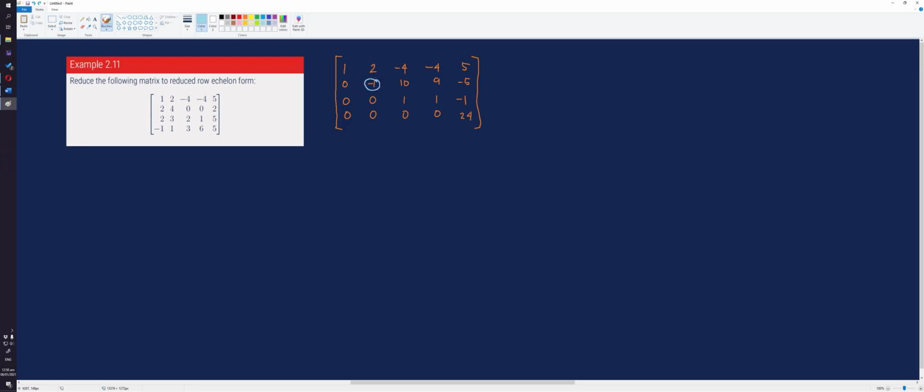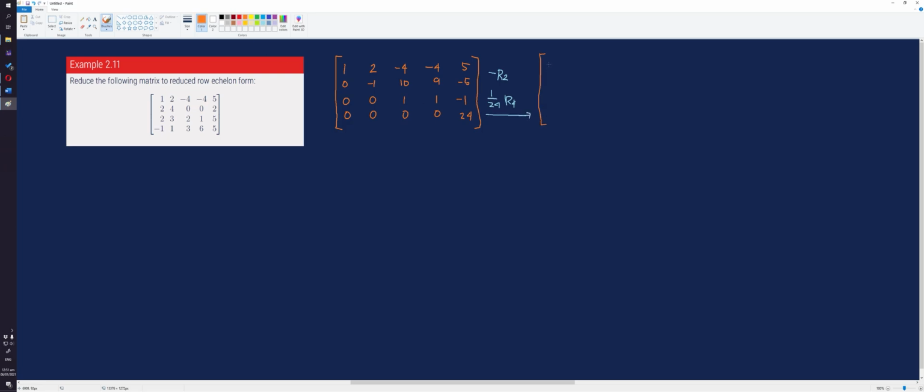To convert this to positive 1, all we need to do is multiply row 2 by negative 1. That is negative R2. To convert this to positive 1, all we need to do is multiply row 4 by 1 over 24. That is 1 over 24 times row 4.